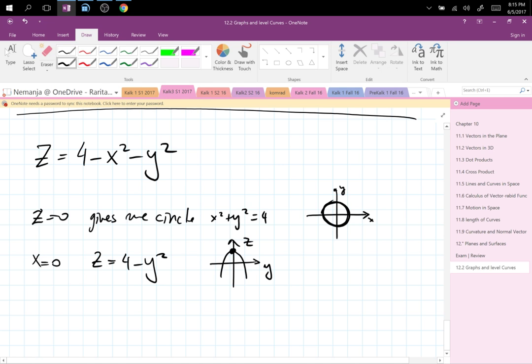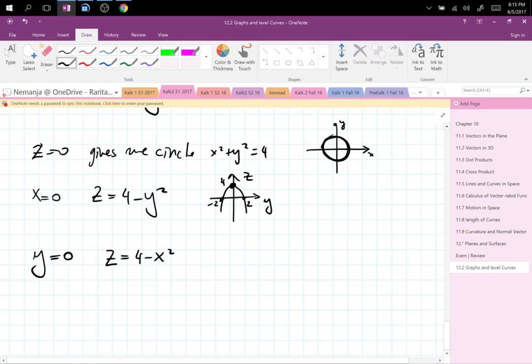Parabola that starts at 4 on top and just drops down. Now, if I set y equal to 0, I can figure out that these guys go through -2 and 2. Awesome. And then I go y equals 0, which gives me z equals 4 minus x squared. And I get to draw an identical graph, except now my axes are x and z.